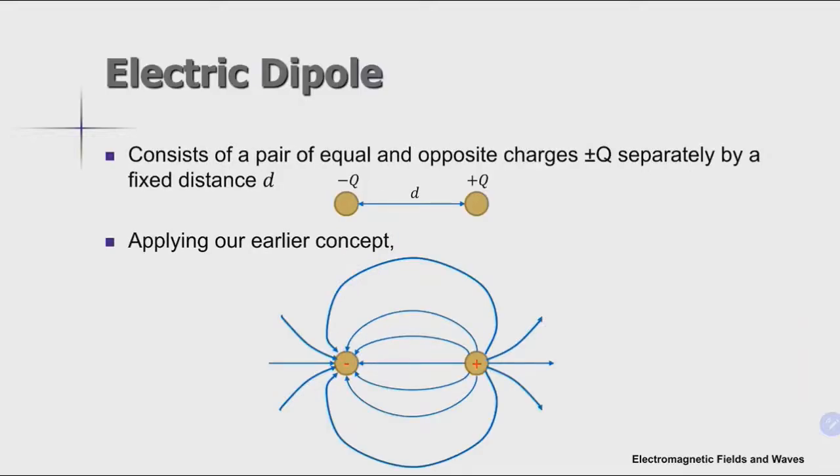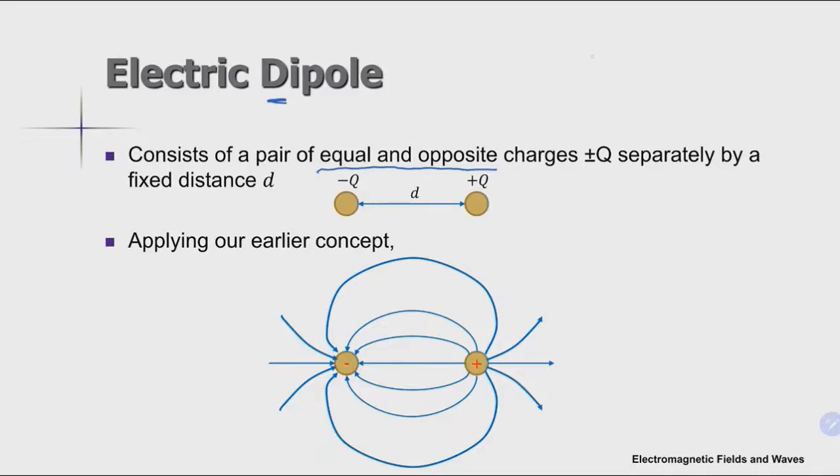The next part we're going to talk about is the electric dipole. Di means two. Dipole means two charges of the same magnitude but opposite in polarity. So we have a positive charge and a negative charge of the same magnitude separated by a distance d.